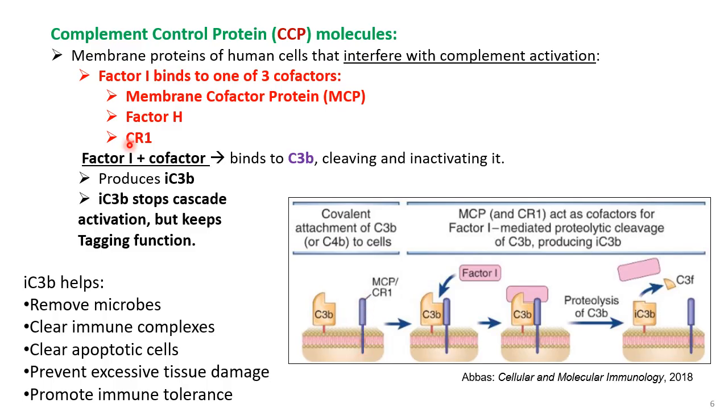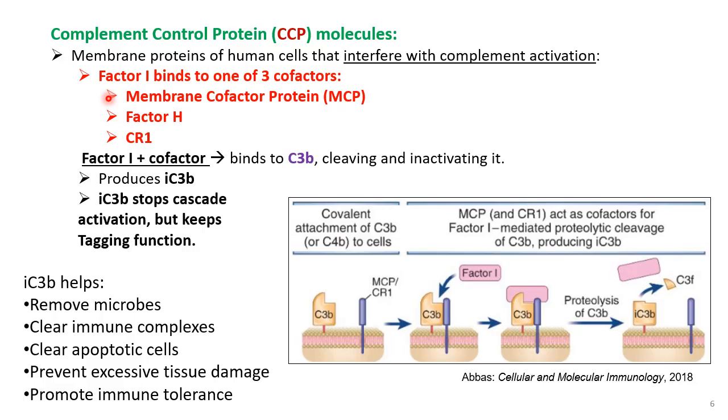Or you could have factor H that is floating around and not showing here, or you could have a receptor on the surface of the cell that is called CR1. Yeah, we have seen CR1 somewhere else, but here it is also important for this defense mechanism.